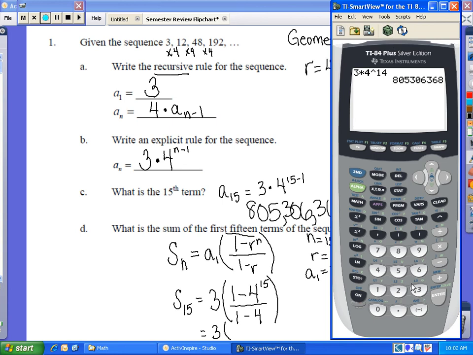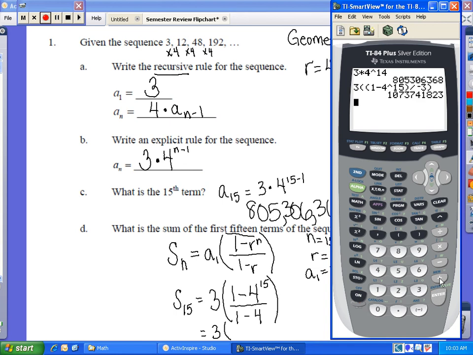So 3 times parentheses 1. Let's do a double parentheses here so we can do 1 minus 4 to the 15th. And then we're going to divide that whole quantity by 1 minus 4, which is negative 3. And then close my parentheses.